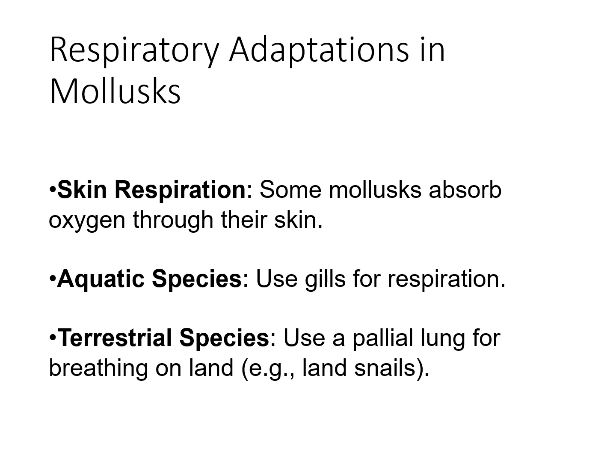In contrast, terrestrial mollusks, such as land snails, breathe air using a structure called the pallial lung, a modified cavity that functions like a lung and allows gas exchange in air. These different strategies allow mollusks to thrive in oceans, freshwater, and even on land.